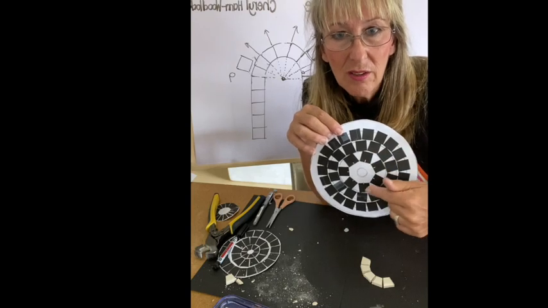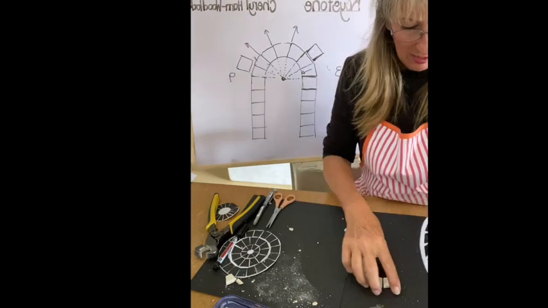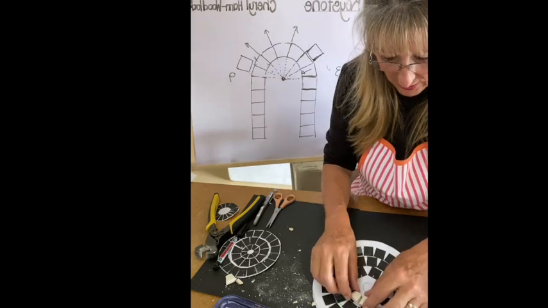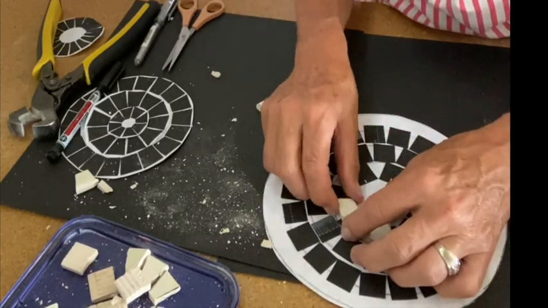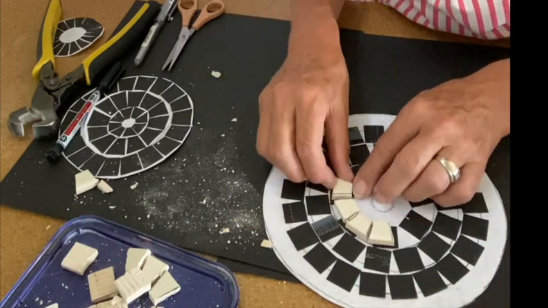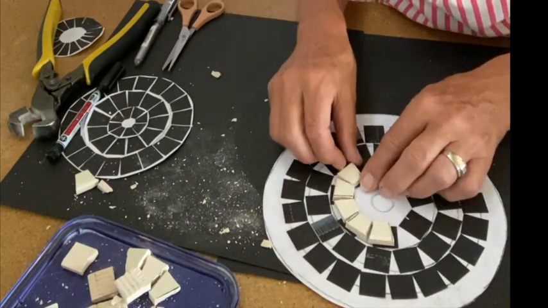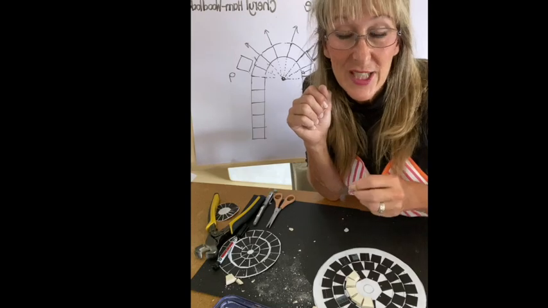So the circle around here is now without the big gaps. So that is keystoning.